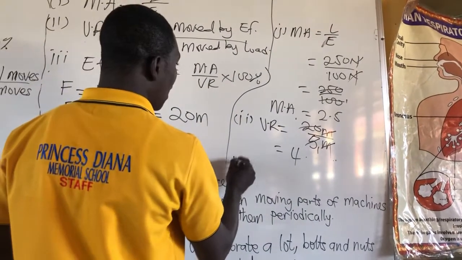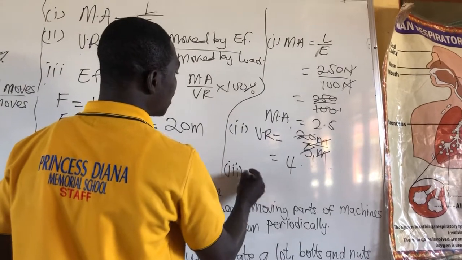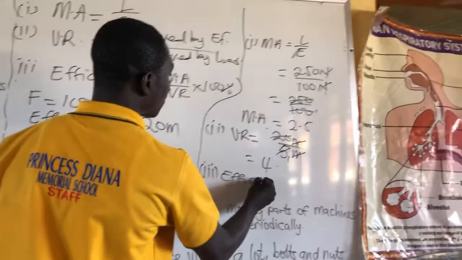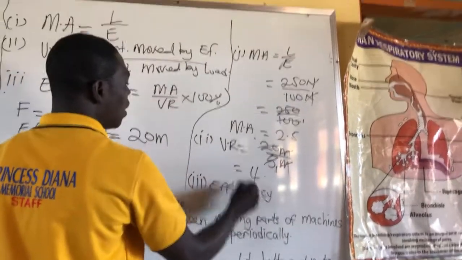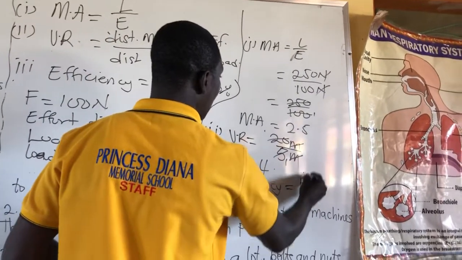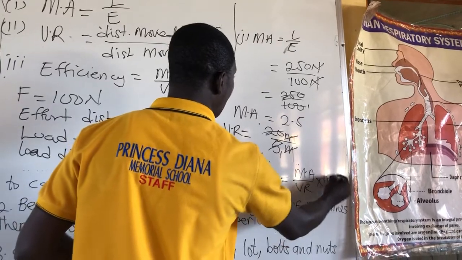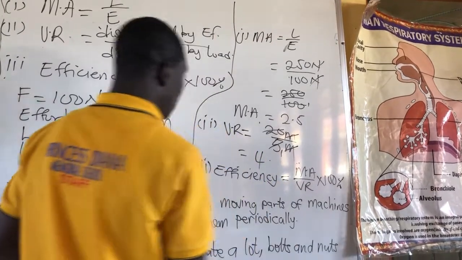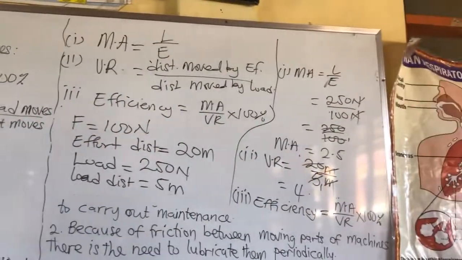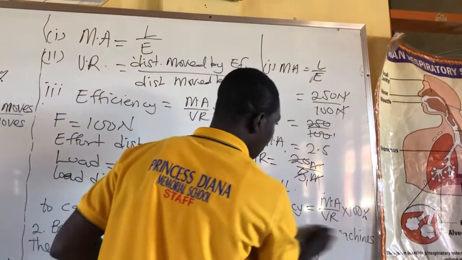Now let's look at the final one, which is the efficiency of the machine. Efficiency of a machine is giving us the mechanical advantage over the velocity ratio times 100%. Because efficiency is how efficient or how good a machine can deliver or can work.